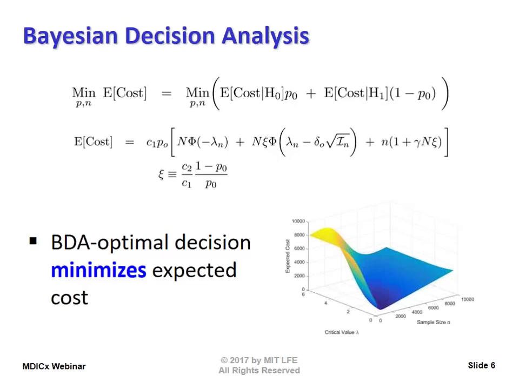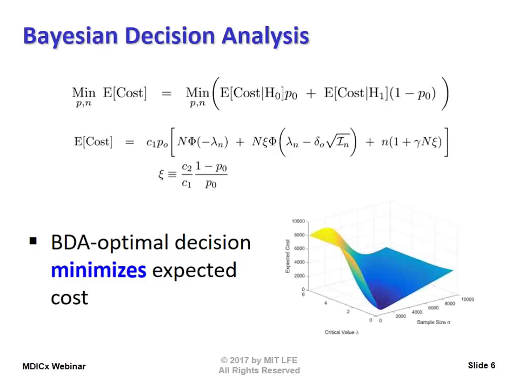If you think about minimizing the expected cost and calculating the probability of a type 1 versus type 2 error, what we'd like to do is to reduce that combined cost when you weight them by the appropriate probabilities. So that's what's shown on this slide here.